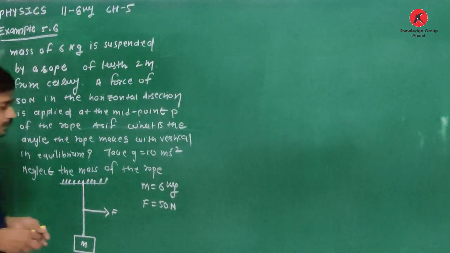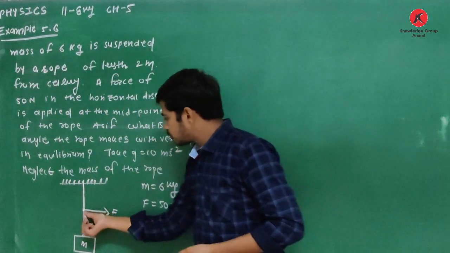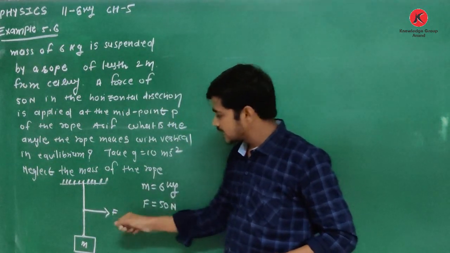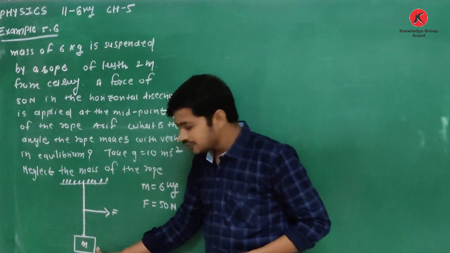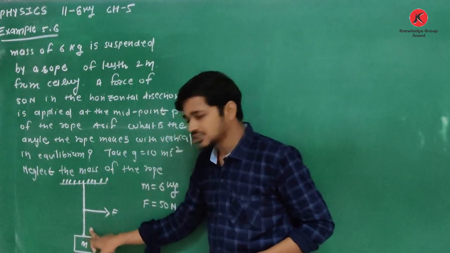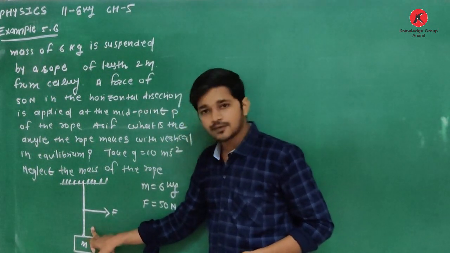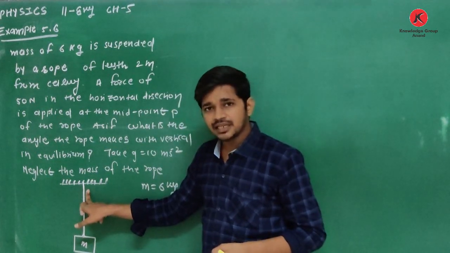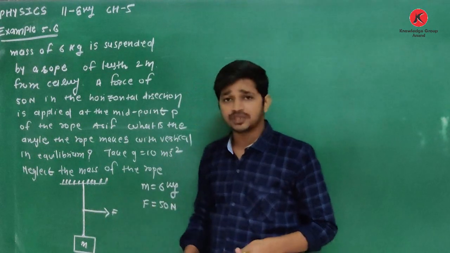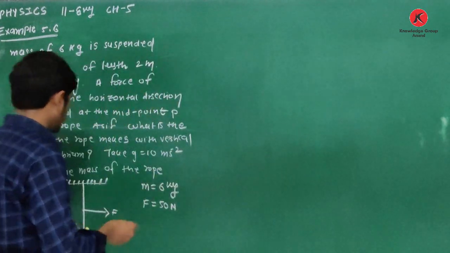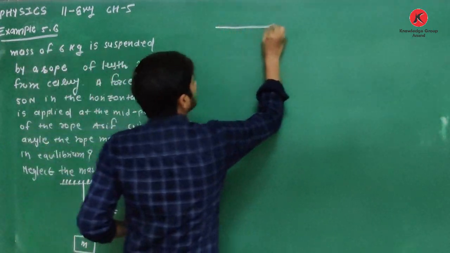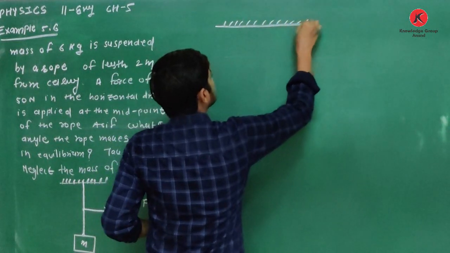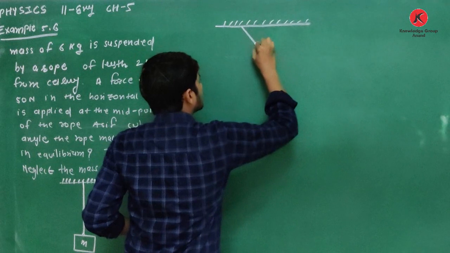See, if you apply force on this point in this direction, as this block is connected with this string, it will be suspended in the vertical plane, but this string will make some angle with the vertical. Here I will draw the situation like this.